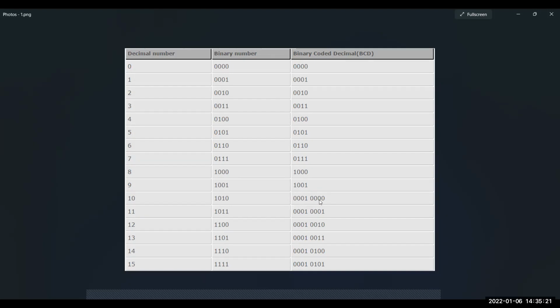Okay, so now today we will study the multiplexer and demultiplexer. Just give me 1 second to share the screen.